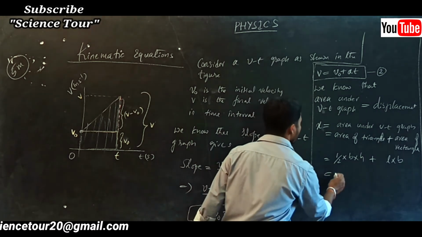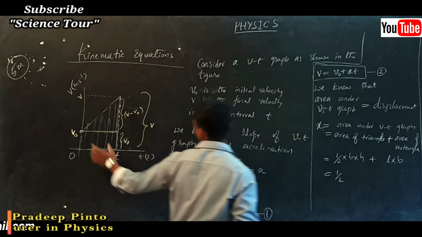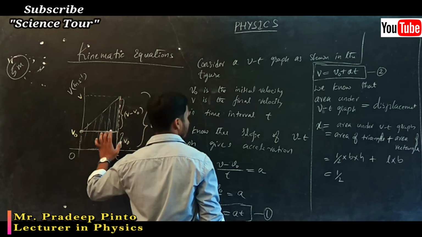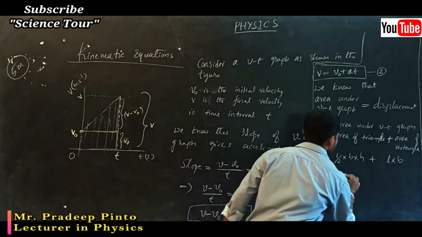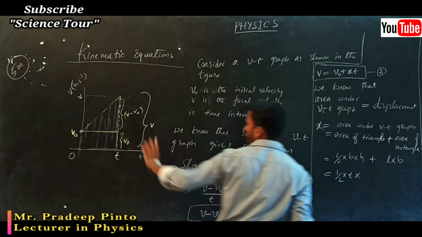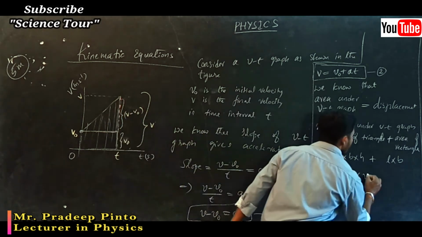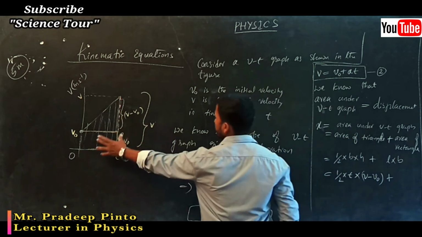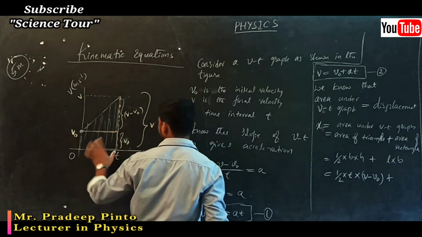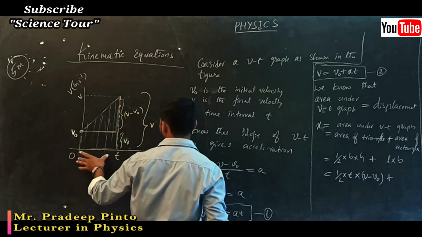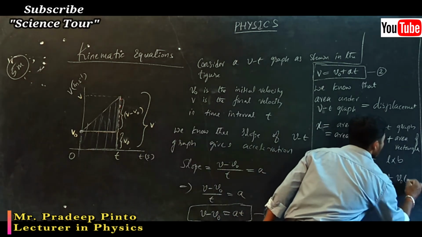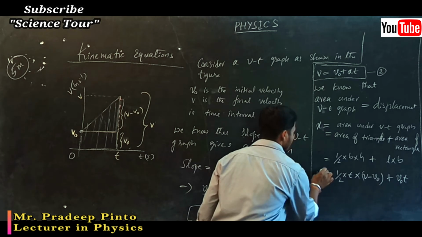So half is constant. Base of the triangle is nothing but t. Into height, which is V minus V naught. Plus length into breadth. Length is t, breadth is V naught. So V naught into t. So this is nothing but displacement.